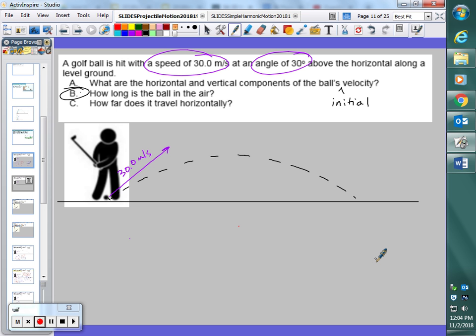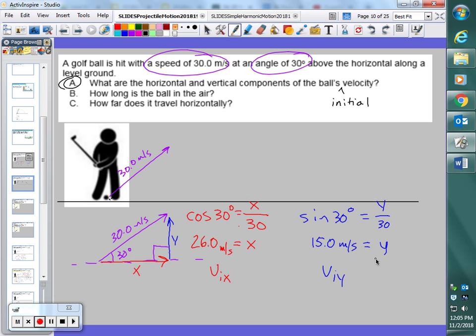Okay? That black dashed line represents the actual path of the ball. The purple arrow represents the velocity only at the very, very beginning. So once we do this step and find the two sides of this triangle, basically the purple one's gone. Right? It doesn't apply to the rest of the motion. Okay?